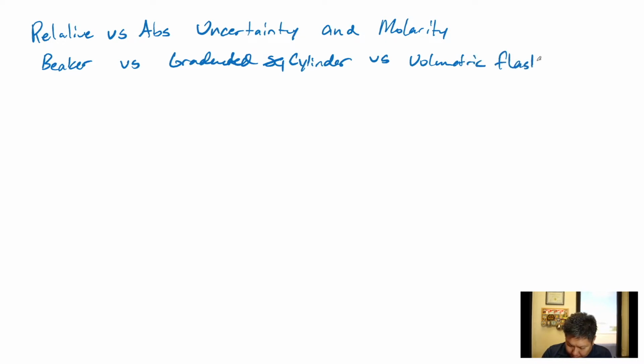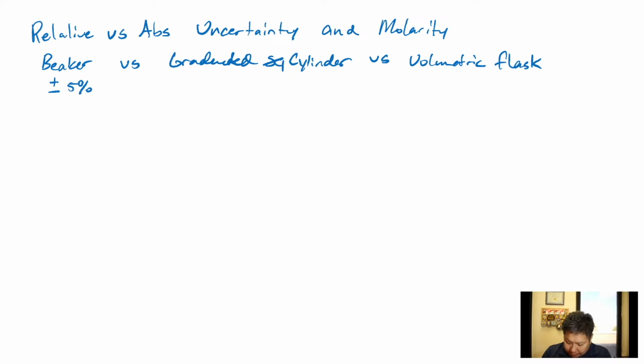If you recall, I had pictures of each one of these, and I described the different uncertainty associated with using that piece of glassware, and it actually is printed on the glassware. The beaker had something like plus or minus 5%.